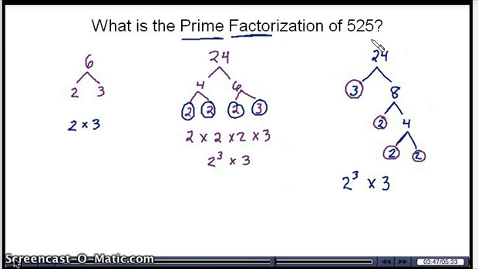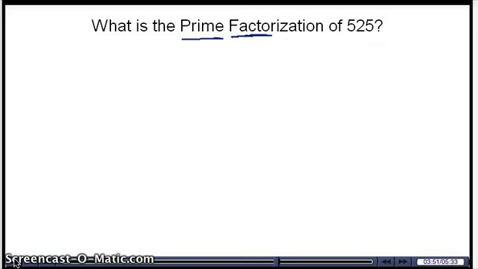What is the prime factorization of 525? So let's begin by writing the number to be factored at the top. And we'll put in our two branches. So what will our first two factors be? Well, this is where knowing your divisibility rules would be really helpful. I noticed that the last digit is a 5.